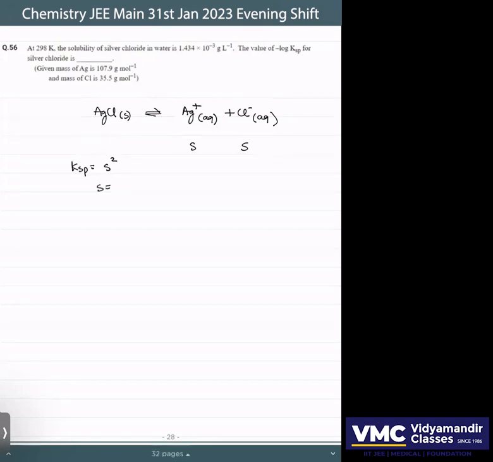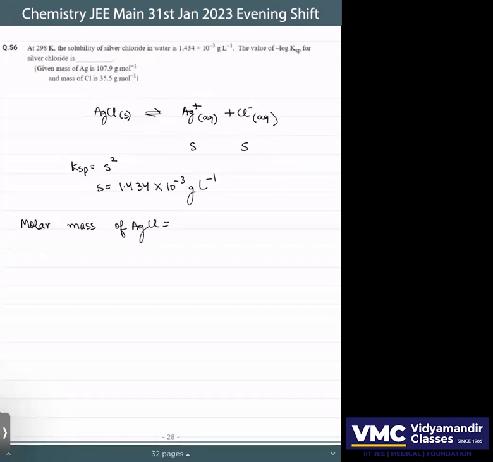And S is given to us as 1.434 into 10 power minus 3 gram per liter, right? First of all, I'll convert this to mole per liter. For that, I'll have to divide it by the molar mass of AgCl.